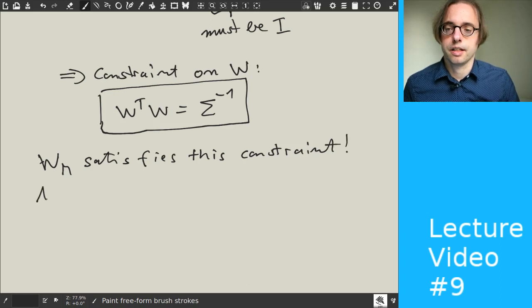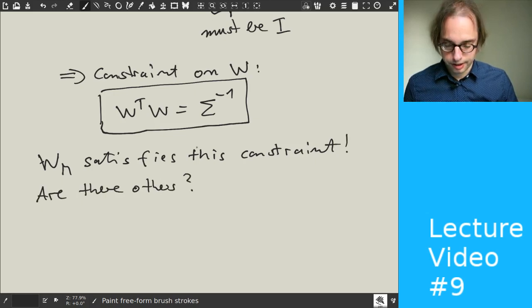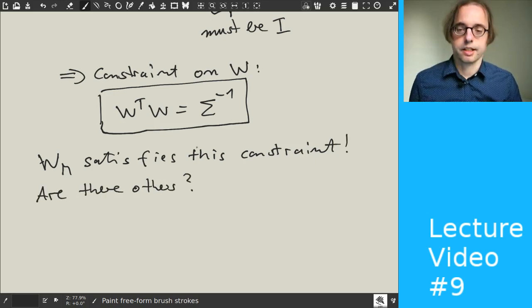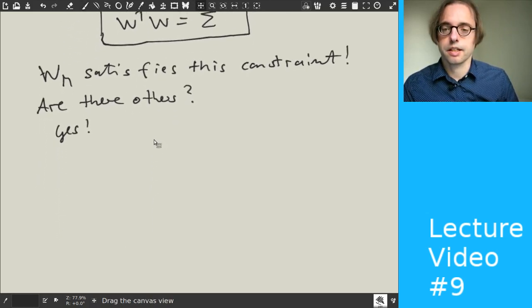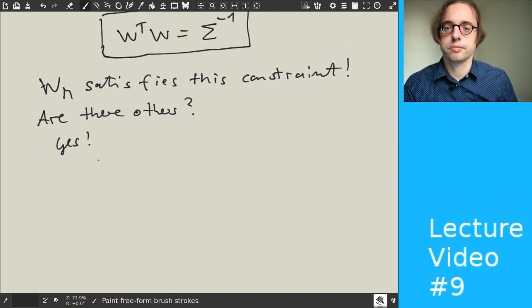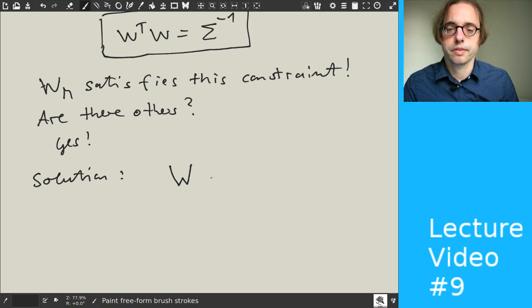Are there others? And the answer is easy. Yes, there are others. And the general solution to this constraint is simply this solution.